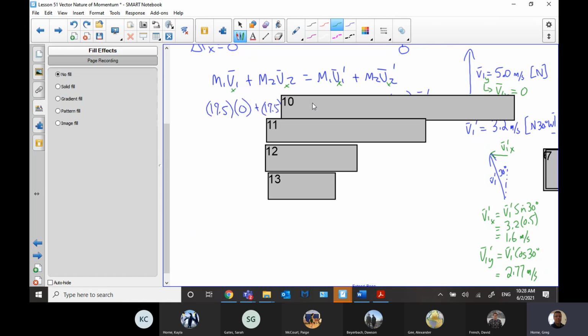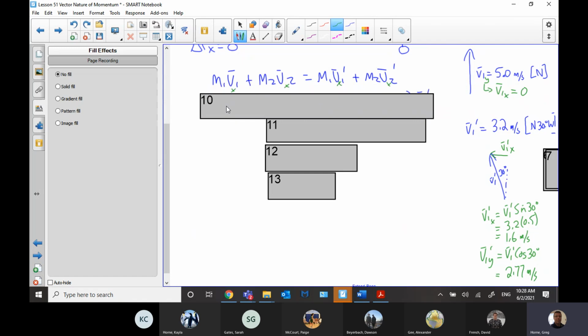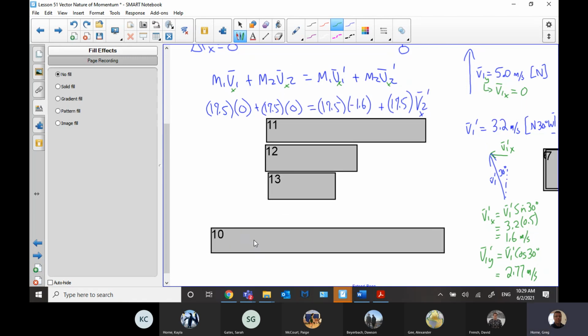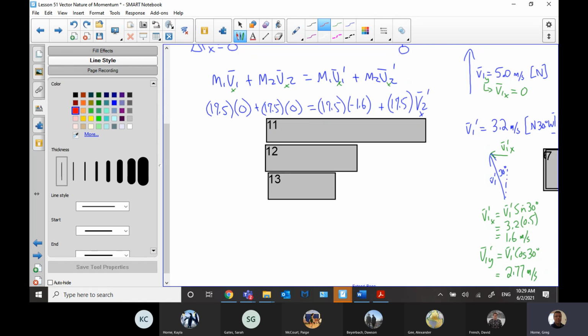So you're going to see 19.5, 19.5, 19.5 everywhere, right? We have no velocity horizontally to begin with. And of course, no velocity at all in either direction to begin with for mass 2. The components before and after are going to start going into here, right? So we've got that 1.6 component. Notice I'm putting it in as a negative.